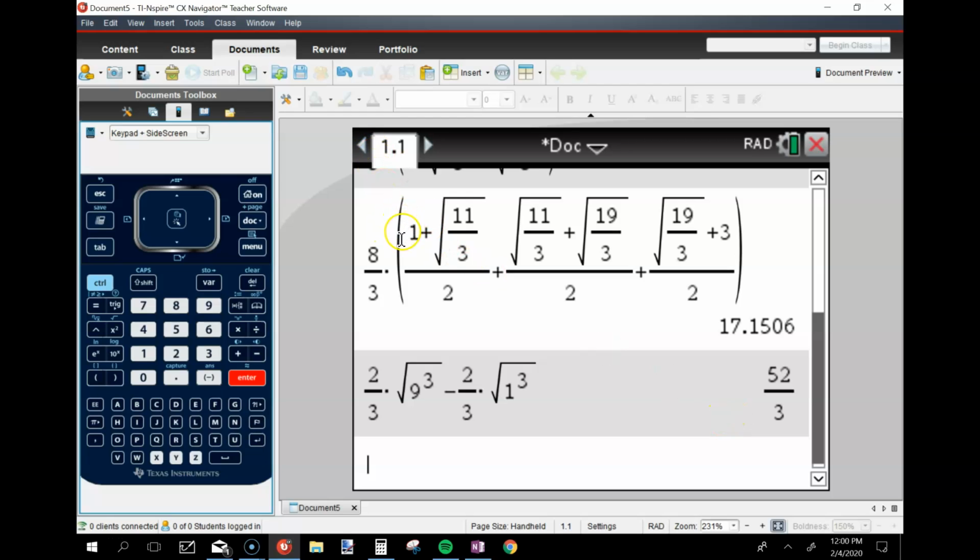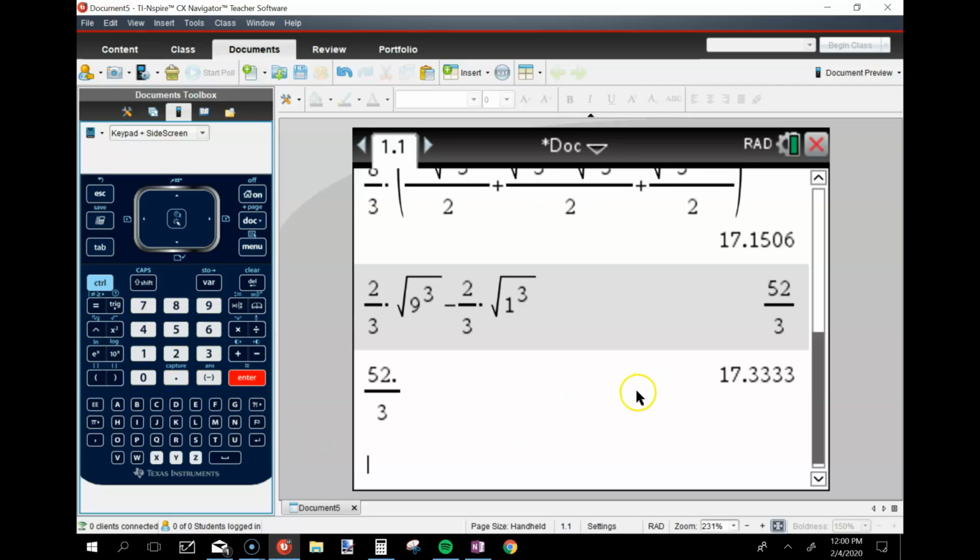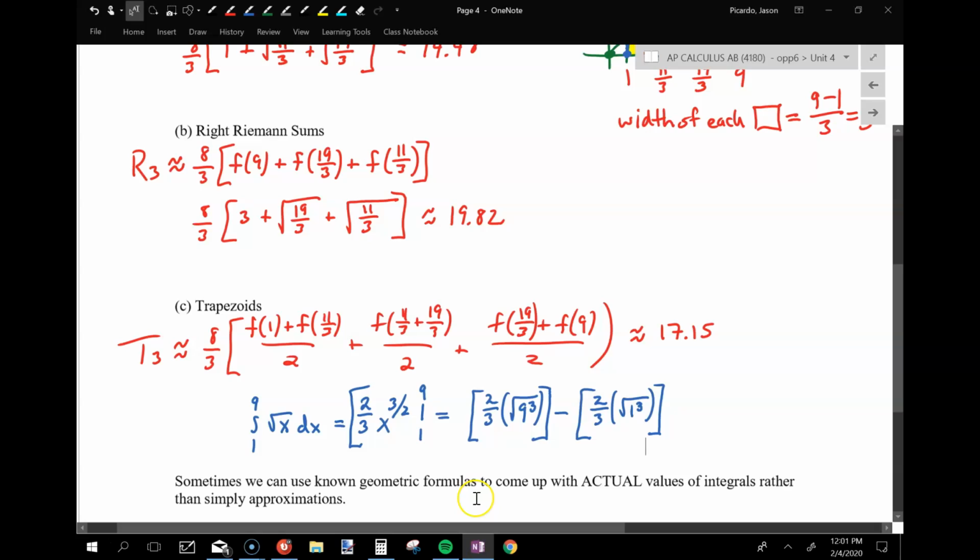They gave me an answer as a fraction, which means the answer is rational. 17.33333. What do you think that's actually giving you? Giving you a repeating decimal, right? So that's 17.3 repeating.